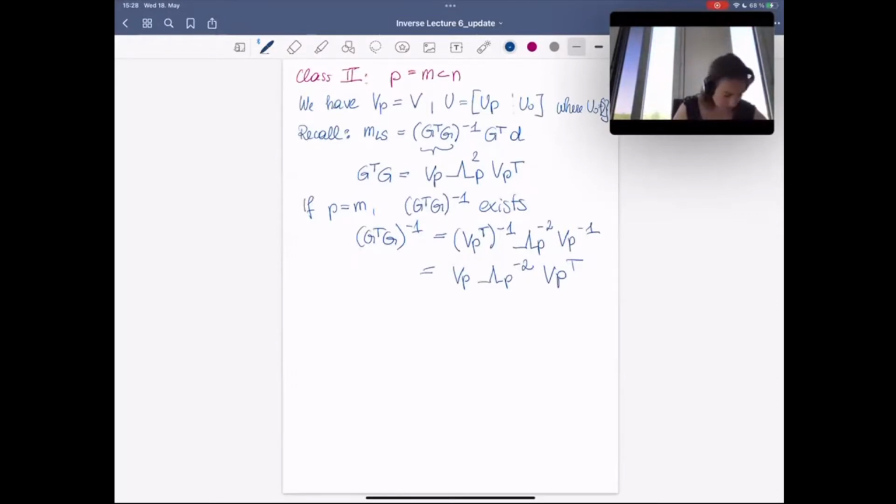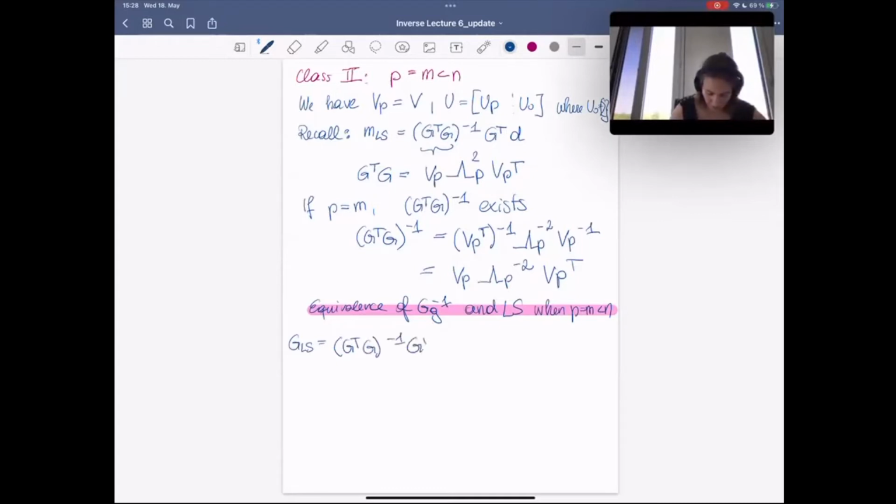So let's put this all together. So the equivalence of the general inverse operator and least squares when p equals m, lower than n. So the least squares G_LS equals G transpose G to the power of -1, G transpose.